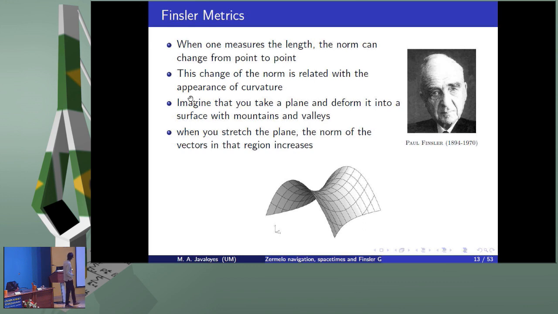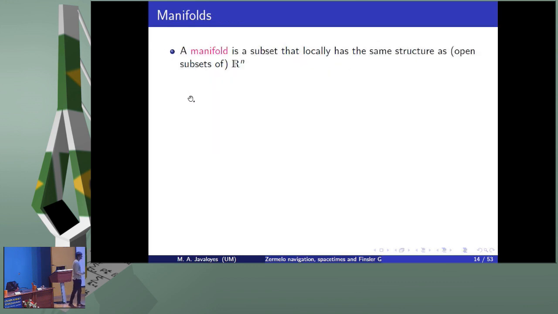In order to introduce Finsler metrics, we can do it in Rn, but in general you introduce Finsler metrics in manifolds. So for someone that doesn't have a background in differential geometry, what is a manifold? Basically, it's a subset that locally is like Rn, like an open subset of Rn.